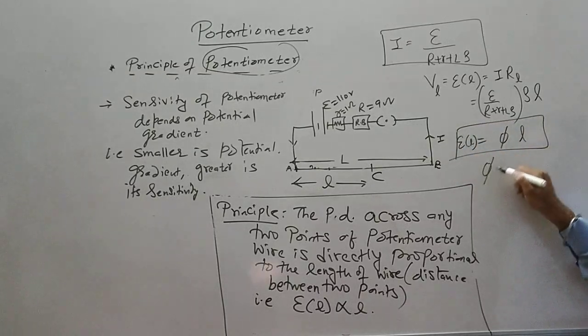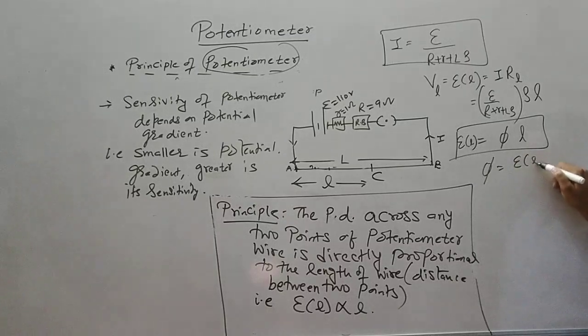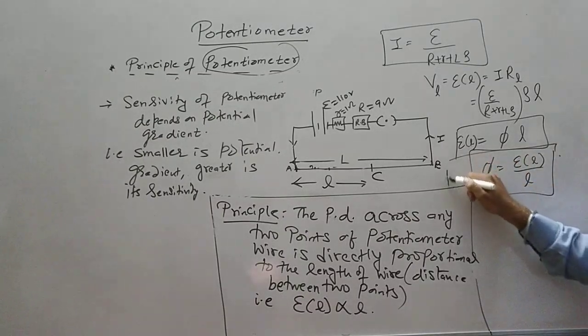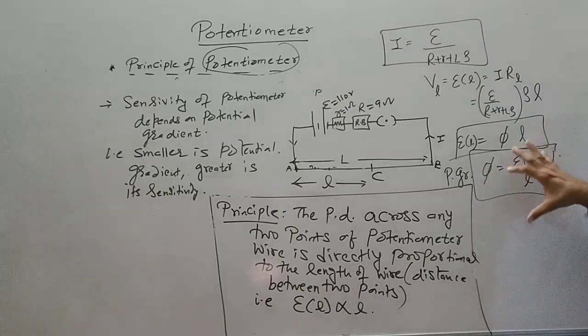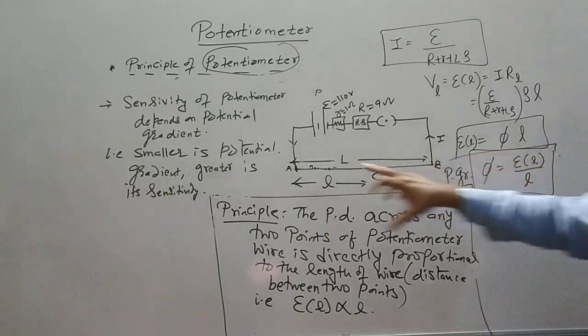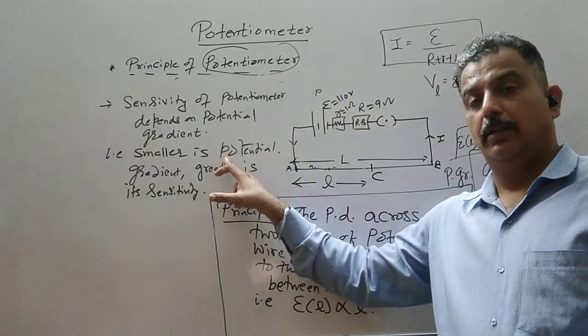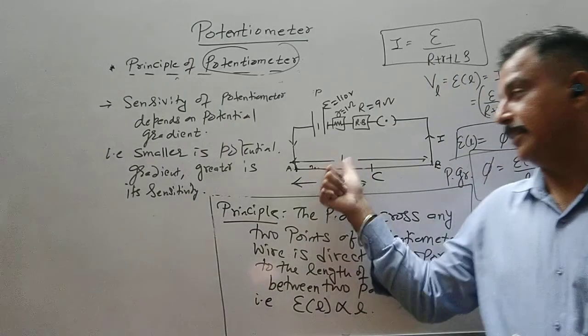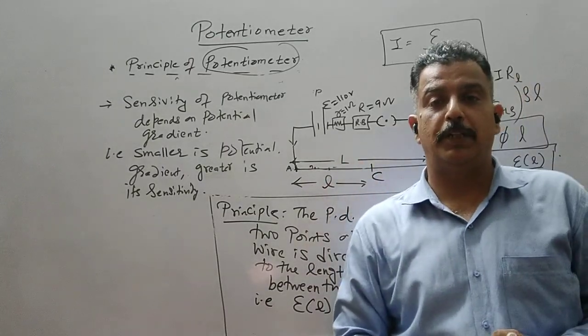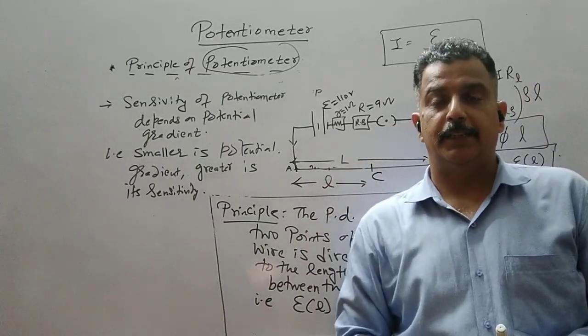So potential gradient is potential across any 2 points of length L or distance L. This is my potential gradient. If its value is very small, the sensitivity of the potentiometer is very high.